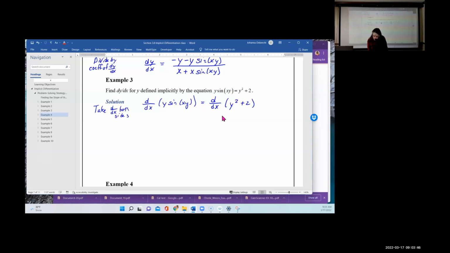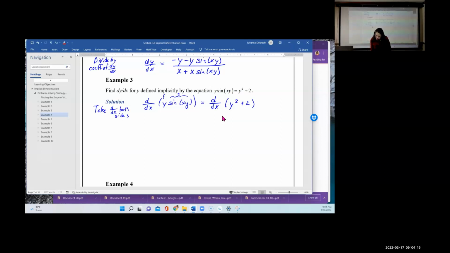You can think of y as f, and you can think of the sine of xy as g. And inside of that, there's another product rule. So we're going to have a product between y and sine, and then we have the chain rule with sine on the outside and xy on the inside. And when we do the derivative of the inside, we're going to have another product rule, which is xy. So this one is going to take up quite a bit of space.